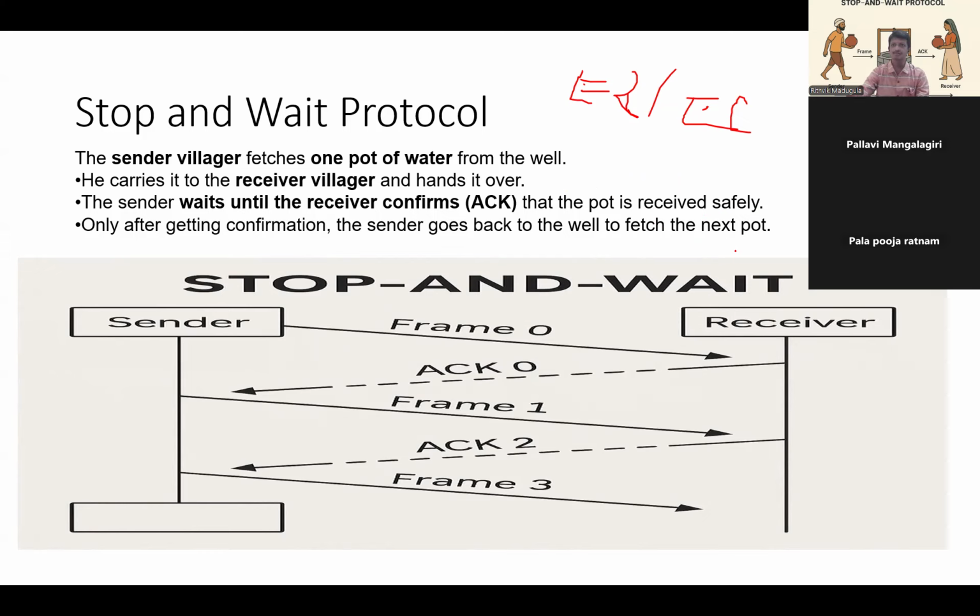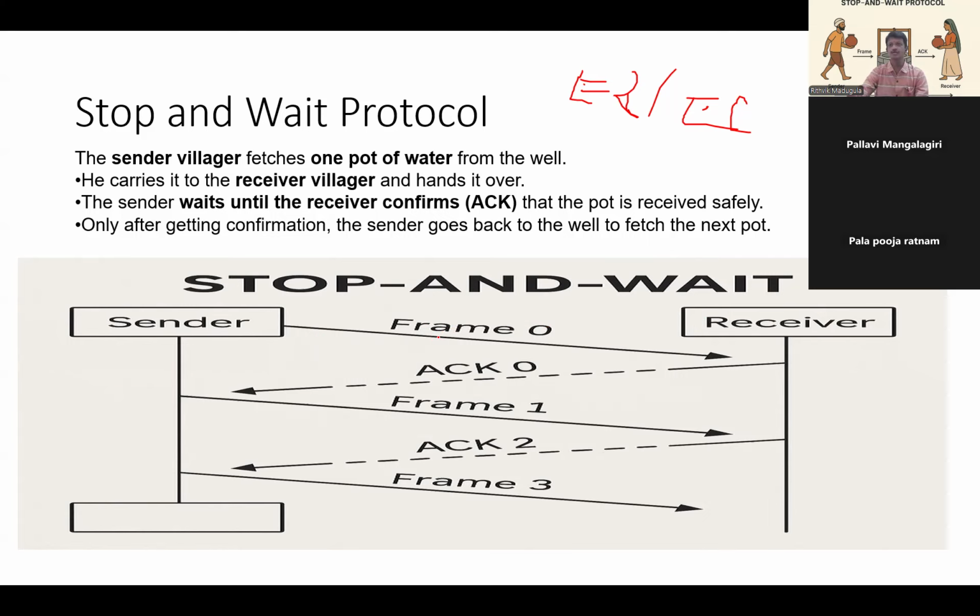Let me go ahead with the theoretical part first, and then we'll discuss the practical part of this protocol. First, we are going to send frames from the sender to the receiver, and the receiver should receive the frame. That is our ultimate goal.